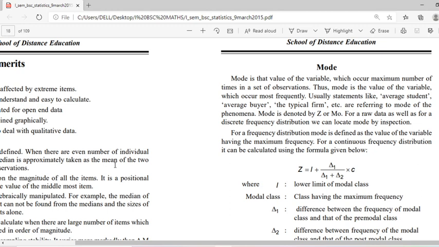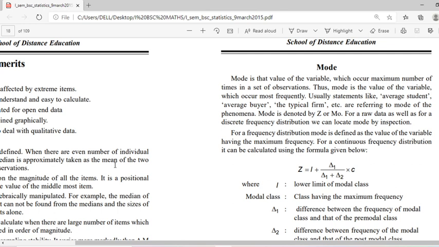The median has very limited use, but at the same time it is a good measure of central tendency. We should keep in mind the disadvantages and limitations of the use of the median.